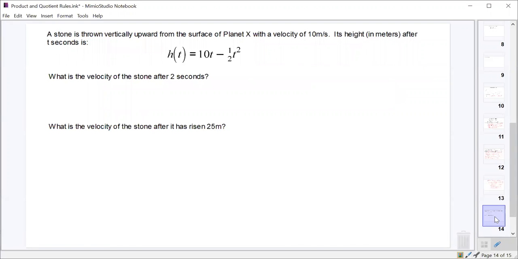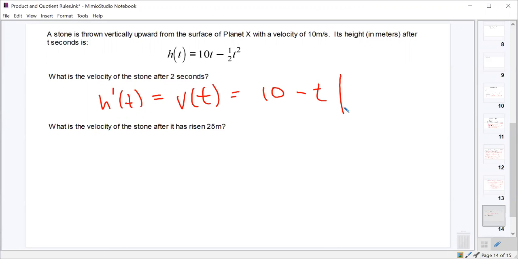Plug in 2 for t. That'll tell us the height of the stone, but we want to find the velocity of the stone. So what do we need to do first? If we're given a position function and we want to find the velocity function, we need to take the derivative. h prime of t will give us our velocity, which should be 10 minus t.